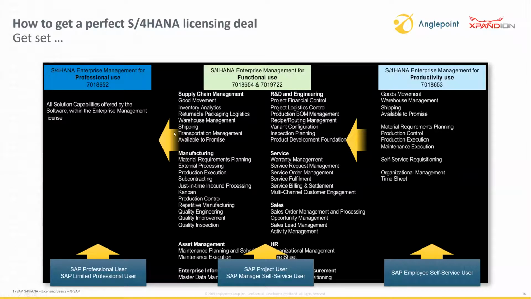So be aware, clean up, so that this is not happening. You may have the idea that it's an easy fix to go to productivity use, but then you end up in the next measurement where SAP would tell you, based on the authorizations, that's actually professional use.